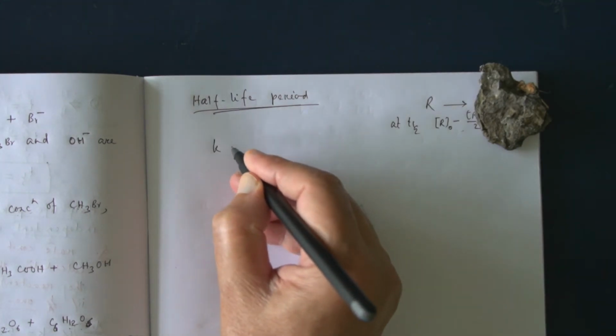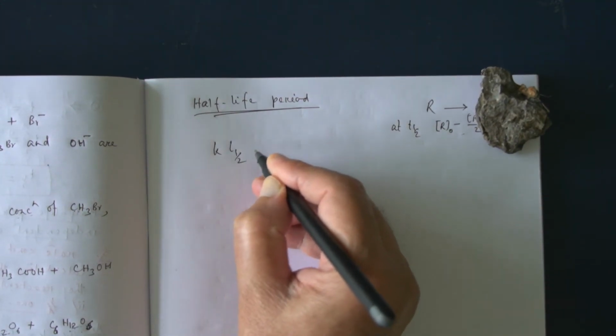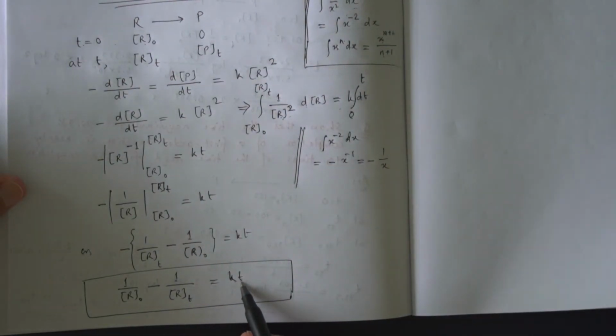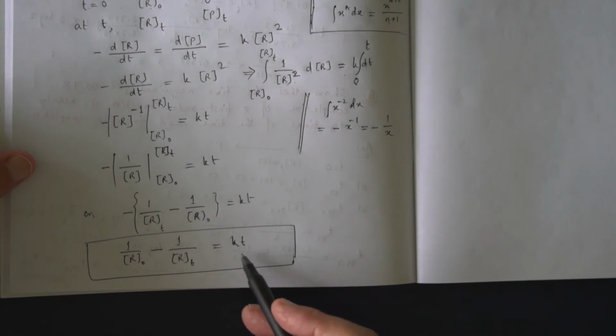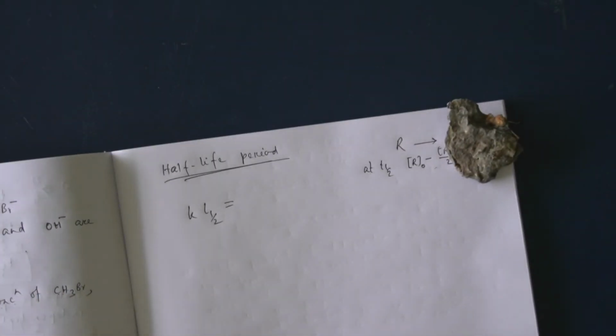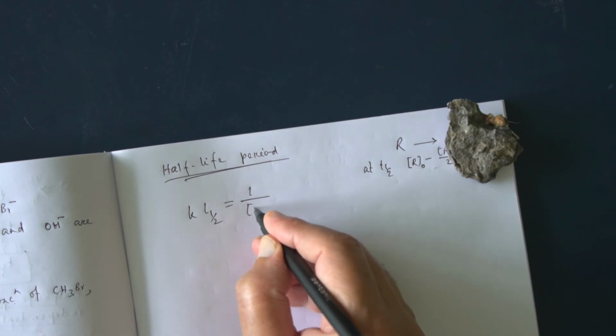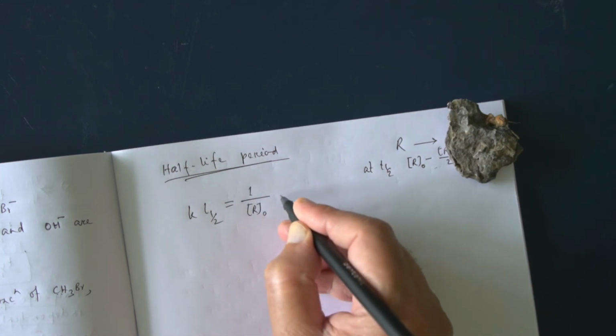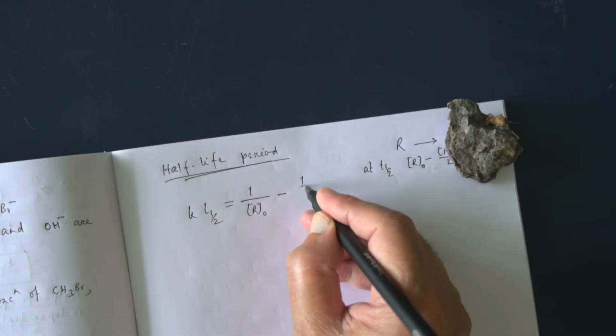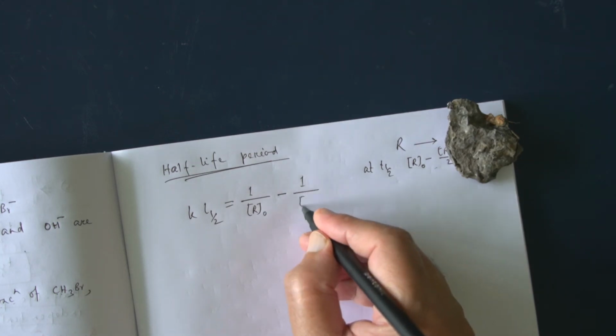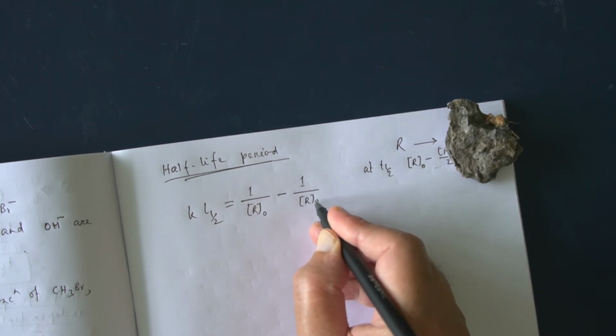So K T half equal to 1 by R naught minus 1 by RT, and RT equal to R naught by 2.